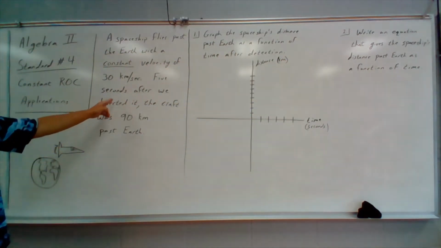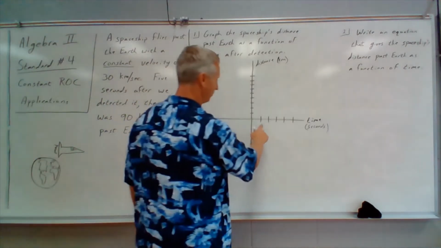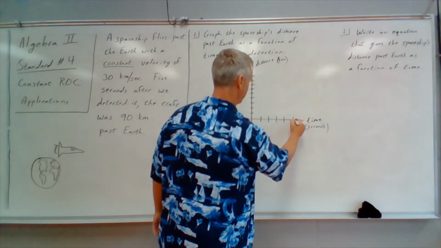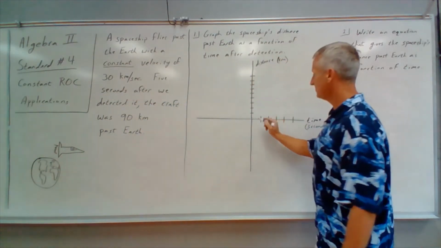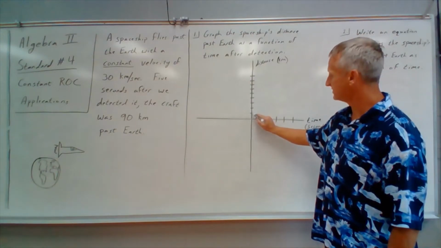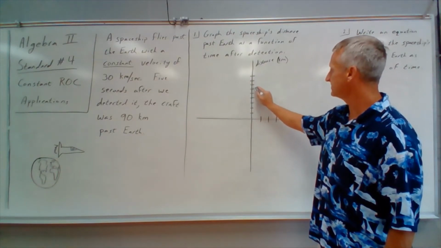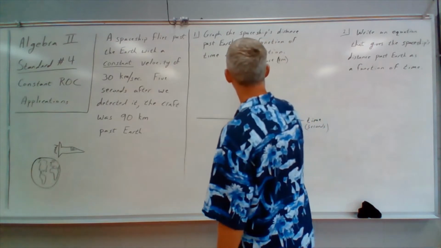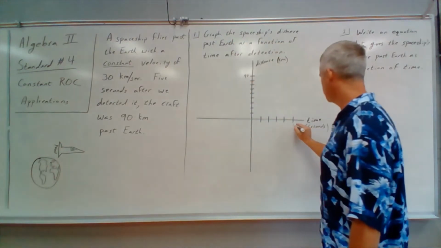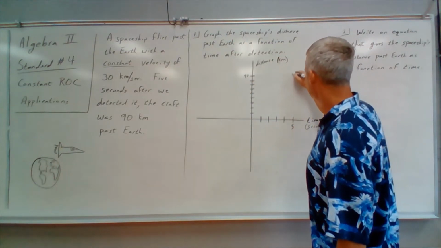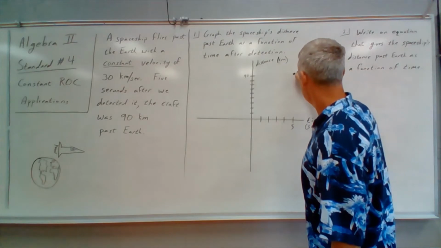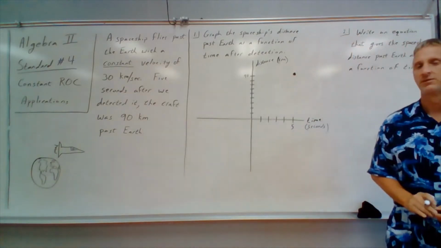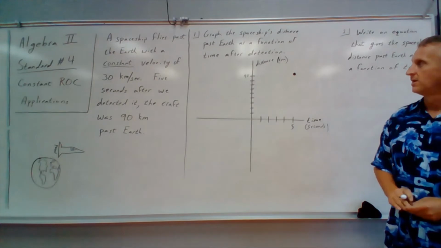So after 5 seconds, 1, 2, 3, 4, 5, the spaceship was 90 kilometers. These are measured in 10s: 10, 20, 30, 40, 50, 60, 70, 80, 90. So 90 kilometers, 5 seconds, we will have that point.